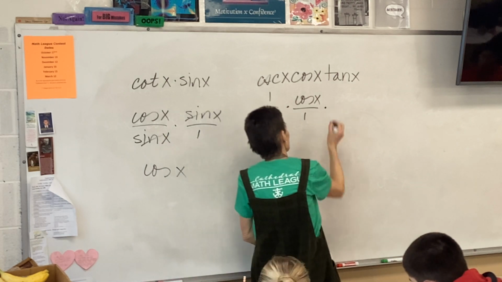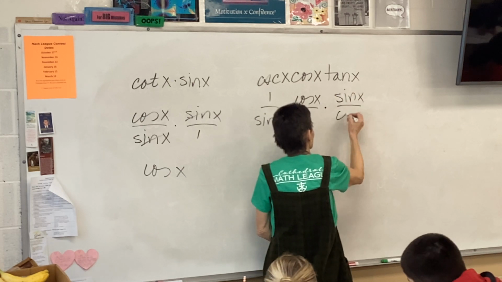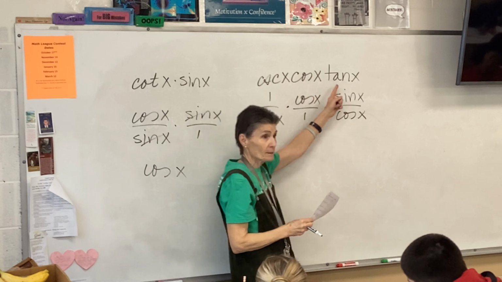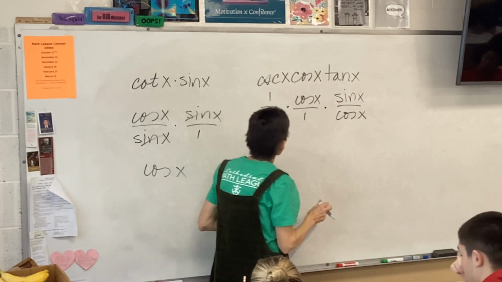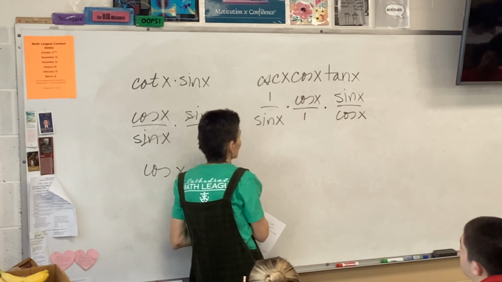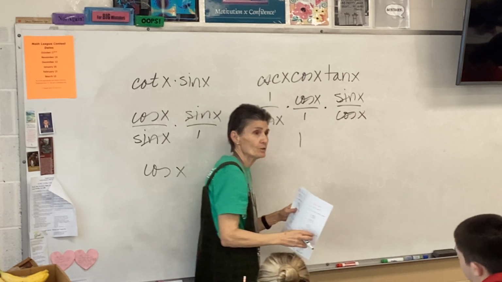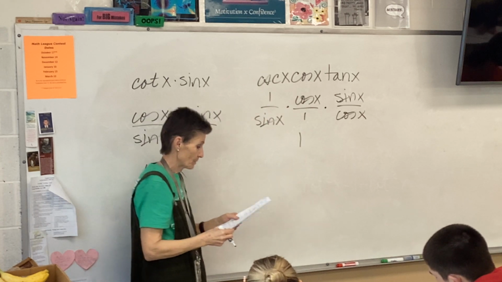What about tangent? Sine over cosine. Now, it's all multiplication, so everything cancels with everything. So what happens? Just 1. Looks like we just boil down to 1. Number 6.